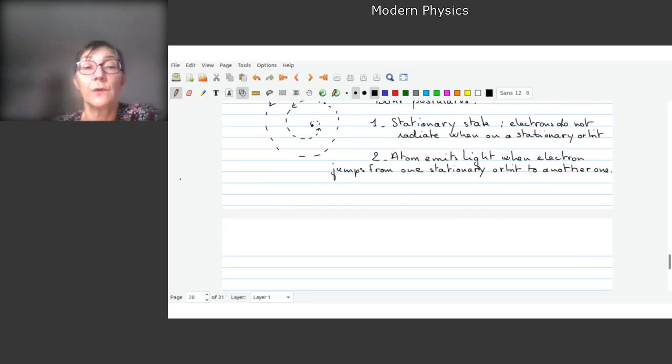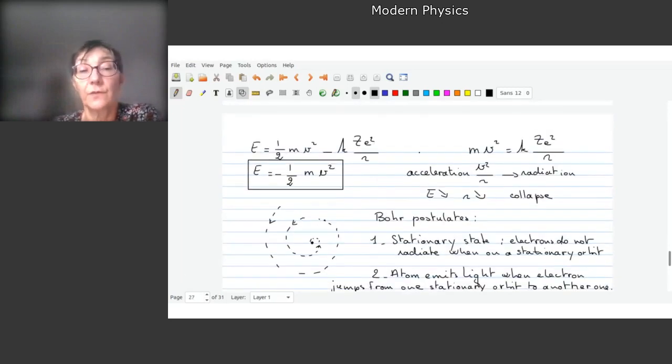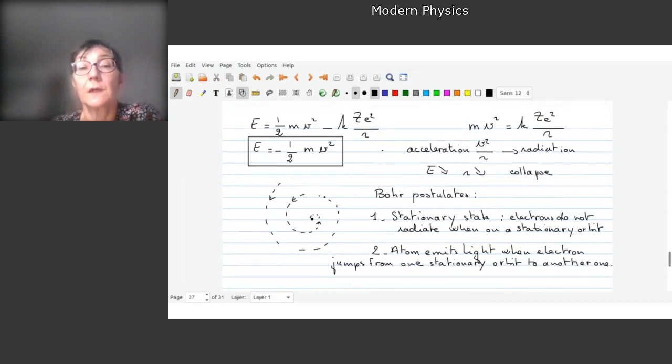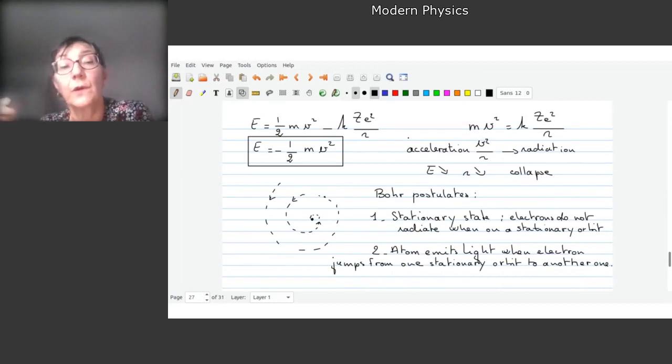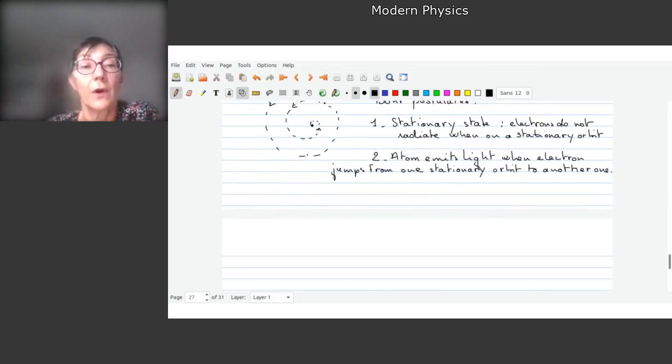What is known in classical physics is that a radiating charge, if it is an oscillating charge, will emit light at the frequency of its oscillation. And so here we have the frequency of the orbit. We can calculate the frequency of this orbit, the number of cycles per second.